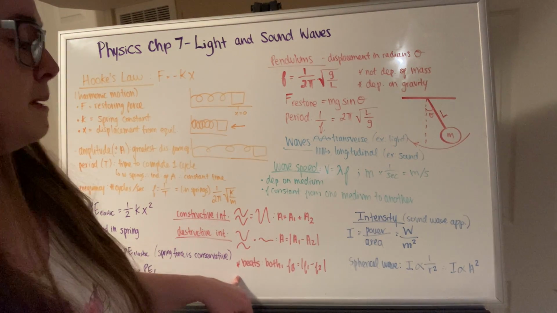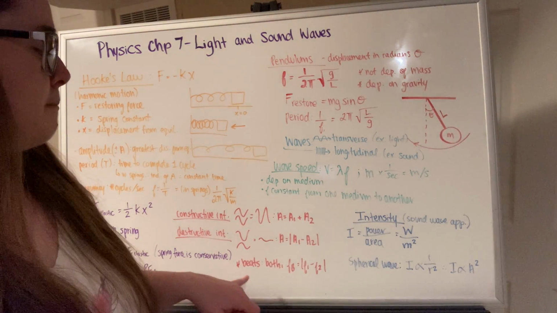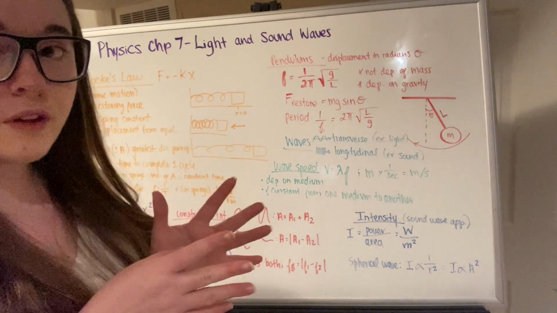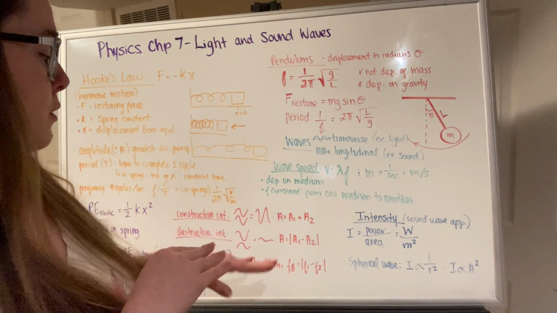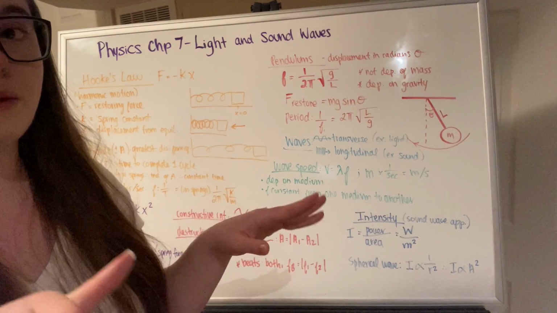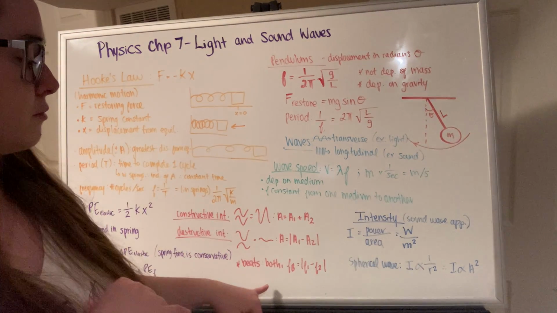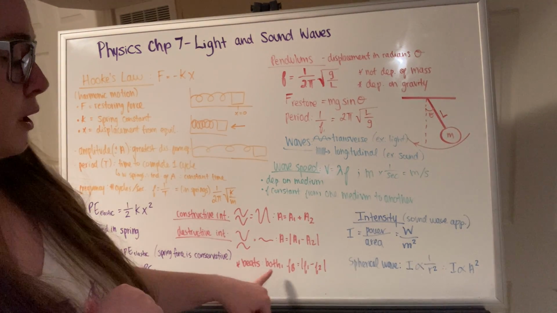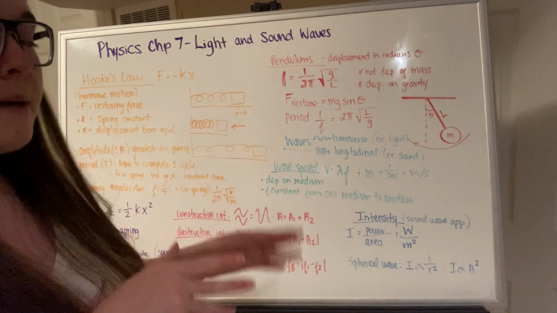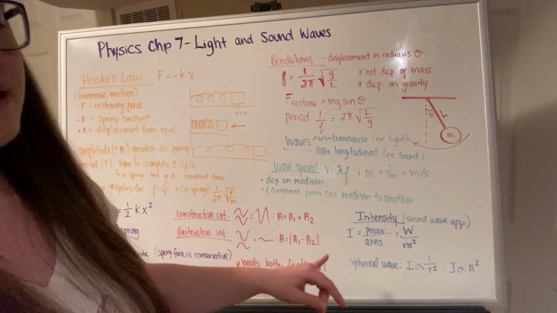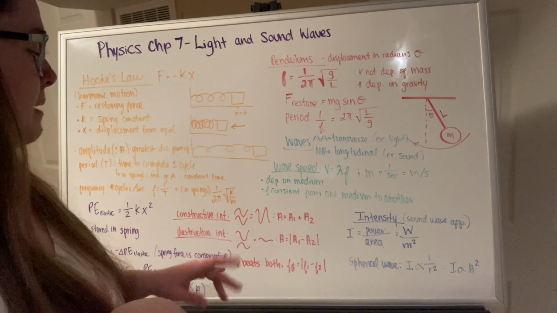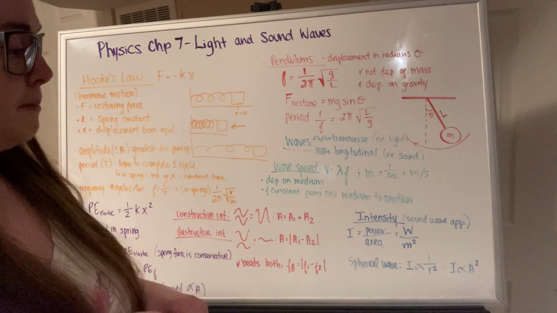And finally, we have beats, okay? And beats actually have both kinds of interference because you can see them overlap at different points along the wavelength. And so for beats, we're going to use F_B equals the absolute value of F1 minus F2, because both of the interference types can be present.